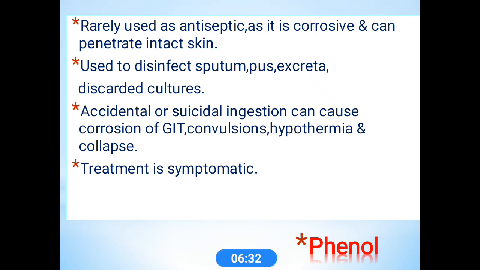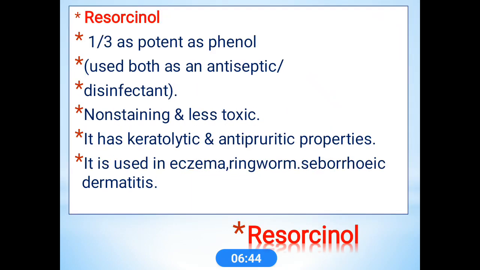Accidental or suicidal ingestion causes corrosion of the GIT, convulsions, hypothermia, and collapse. Treatment is symptomatic, and nowadays lots of antiseptics are available that show better actions compared to phenol. Phenol derivatives also show greater potency compared to phenol.